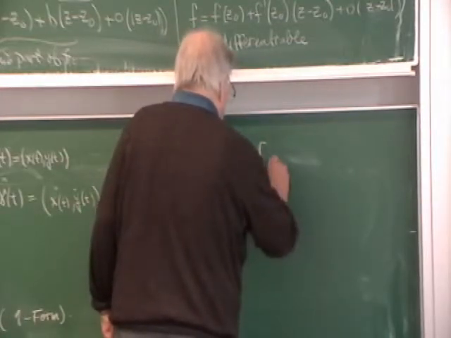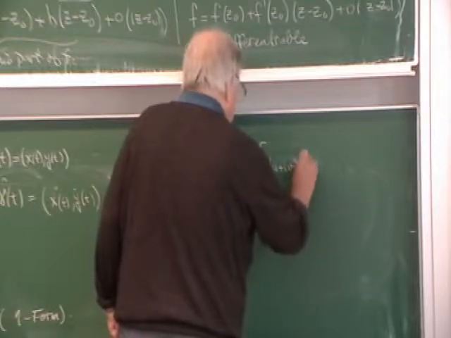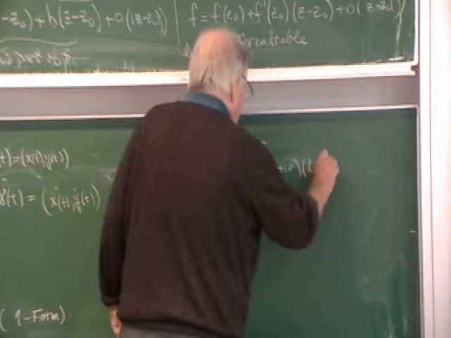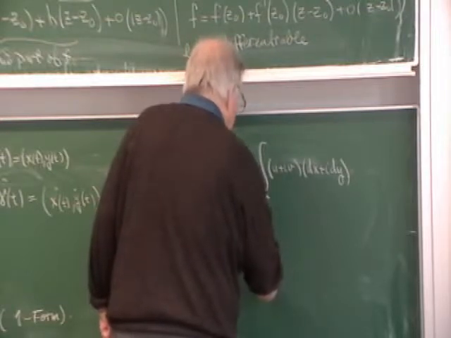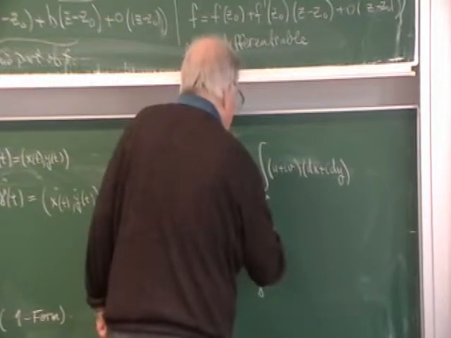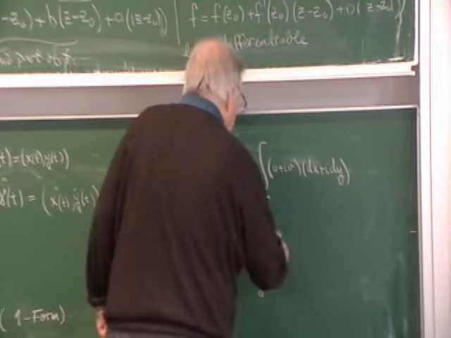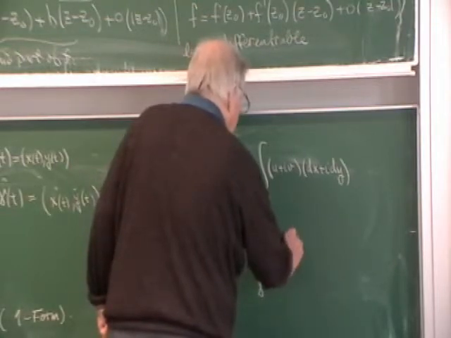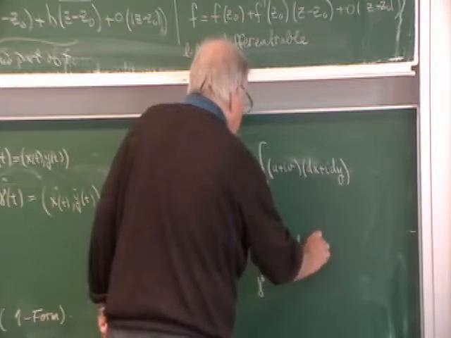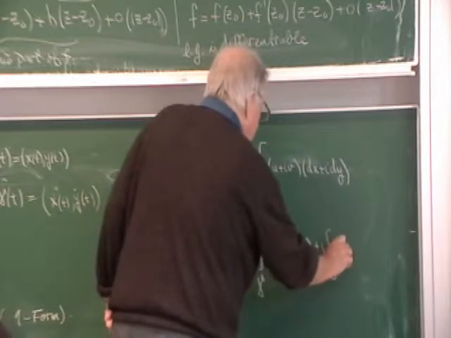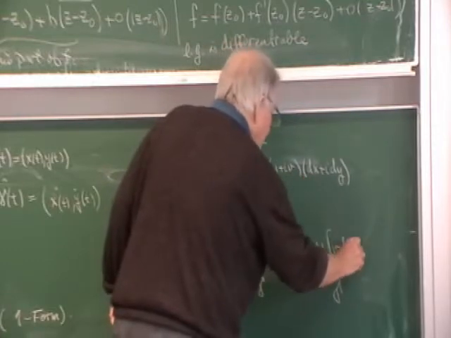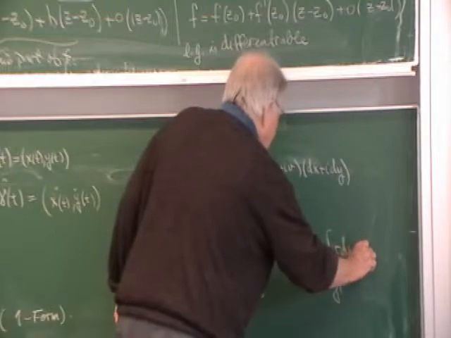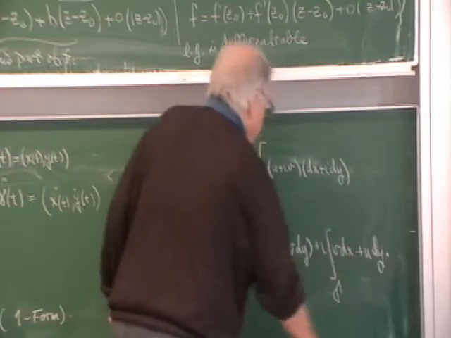The integral of u plus iv, dx plus i dy, is equal to the integral over gamma of u dx minus v dy, plus i times the integral of v dx plus u dy.